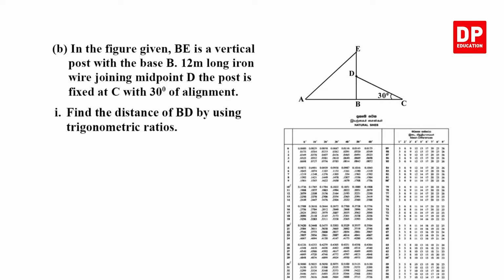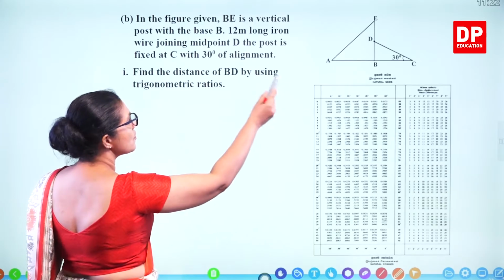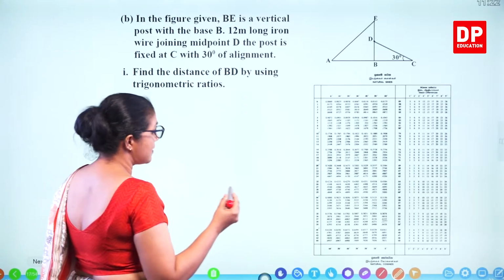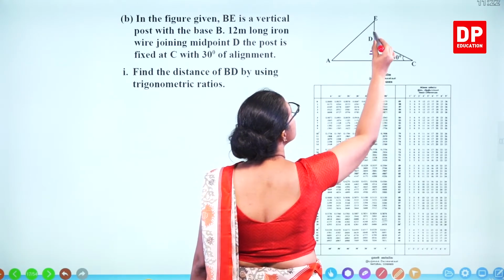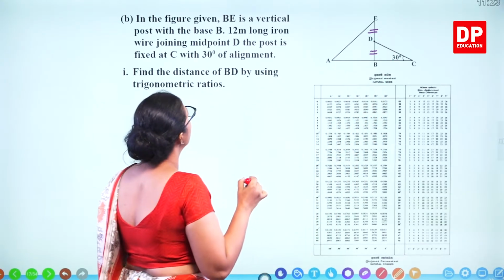BE is a vertical post with base B. 12-meter long iron wire joining midpoint D. The post is fixed at C with 30 degrees of alignment. So that's this, and it's given. This is the midpoint. So this distance is equal to this distance.